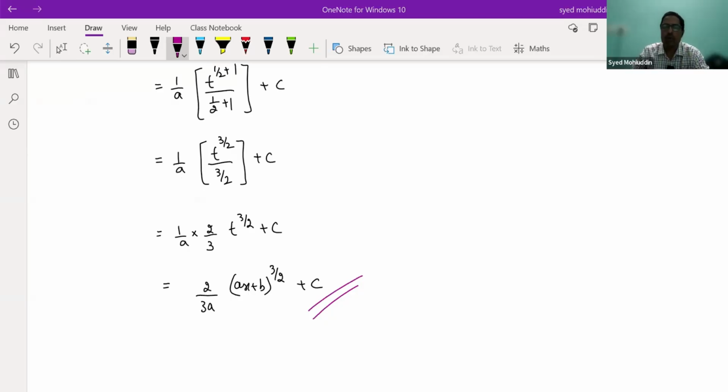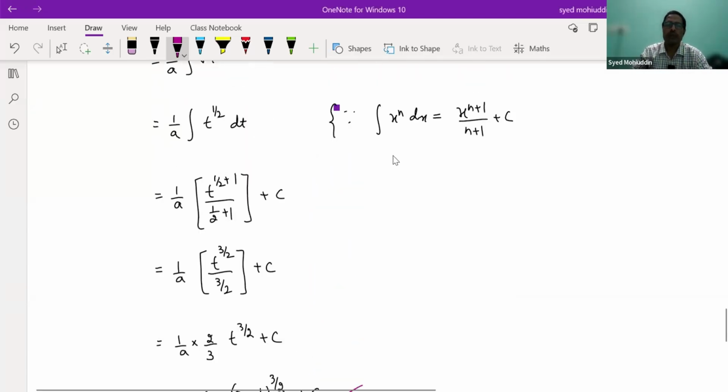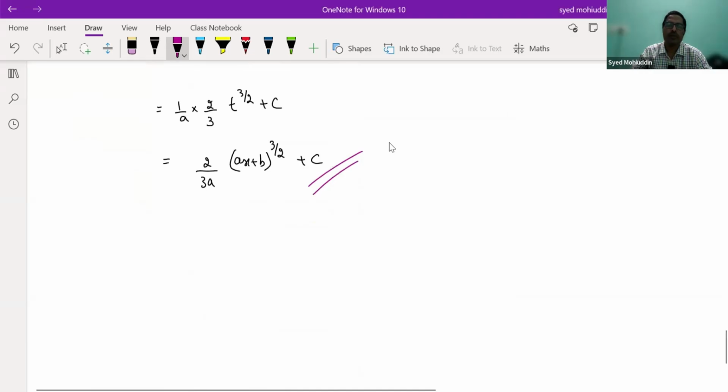Okay, another type of problem. x into x root of 1 plus 2x square.